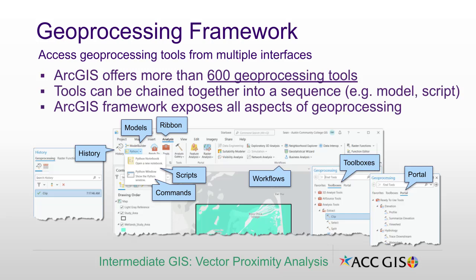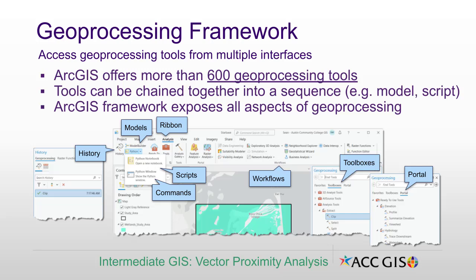Now, tools can be chained together into a sequence, utilizing, for example, a model or a script, and we'll talk more about that. And the ArcGIS framework exposes all aspects of geoprocessing, including not just the geoprocessing parameters, but the environmental parameters and values as well.